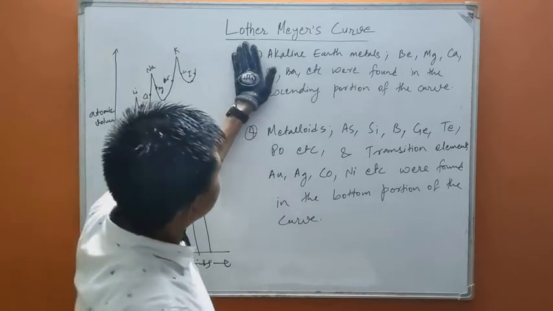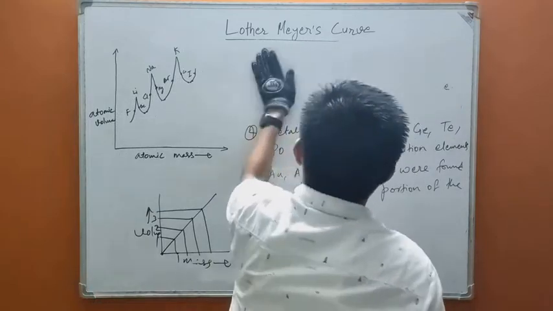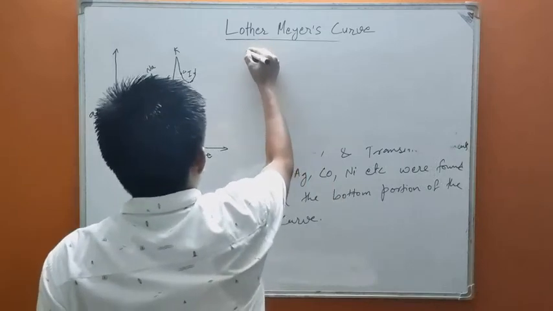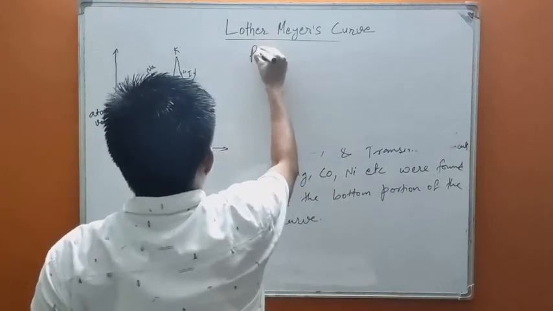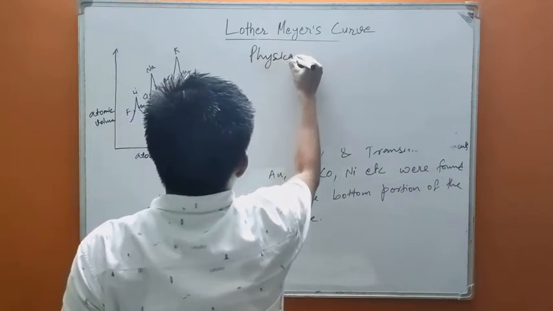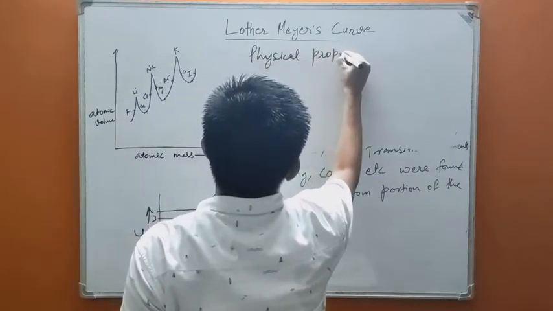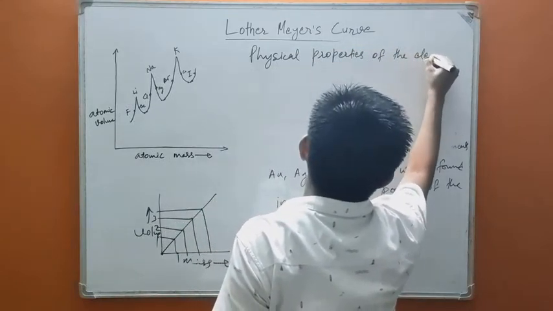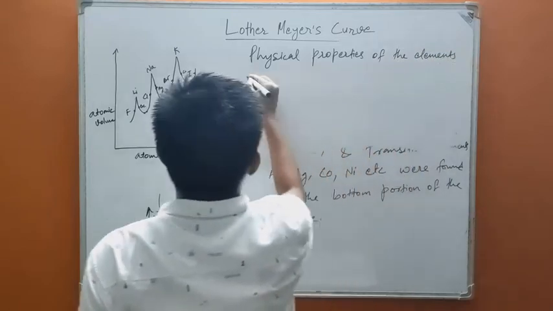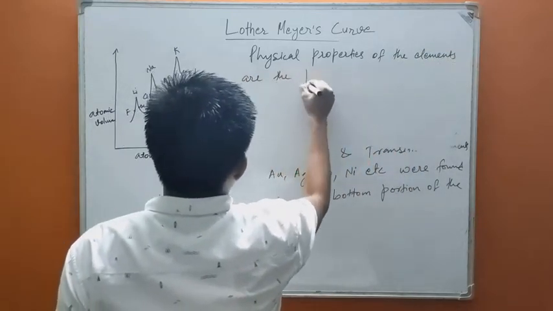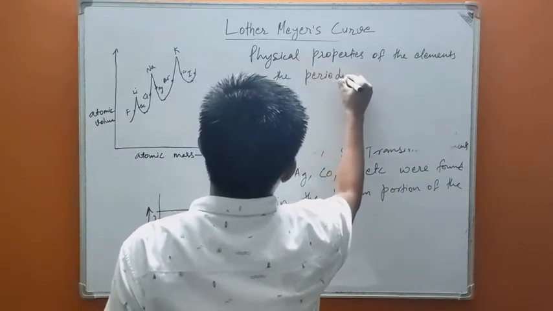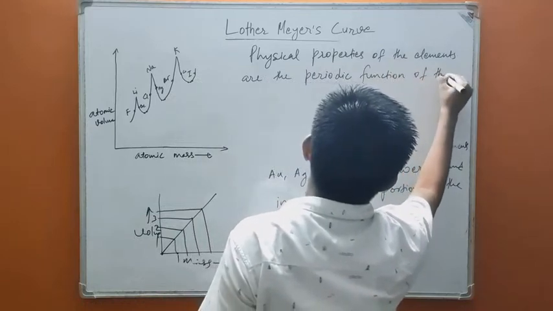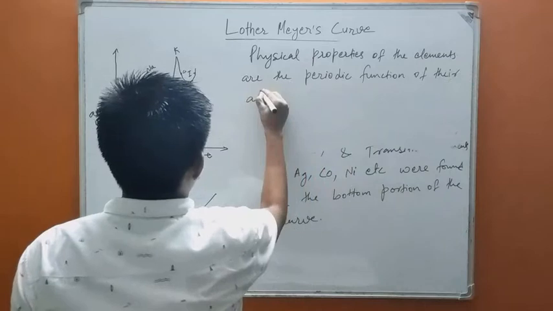So from this graph, Lothar Meyer put forward his law, and his law states that physical properties of elements are the periodic function of their atomic masses or atomic weights.